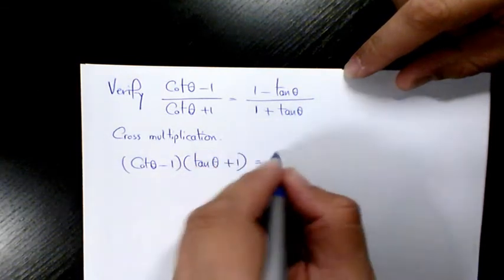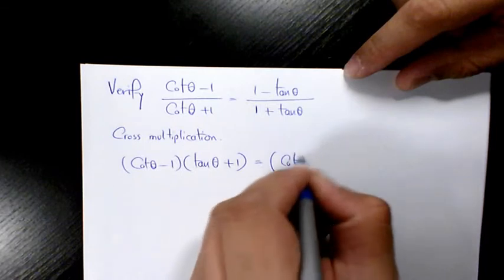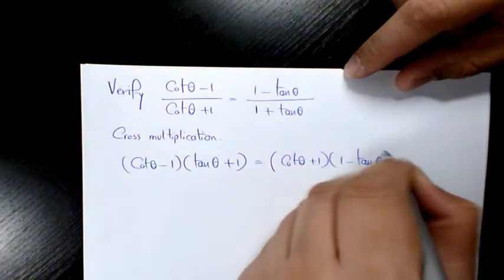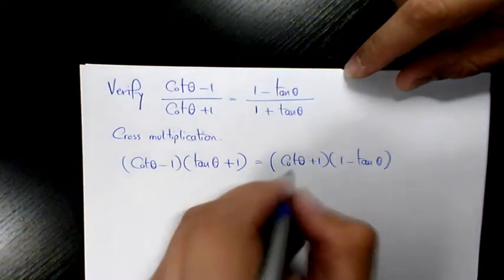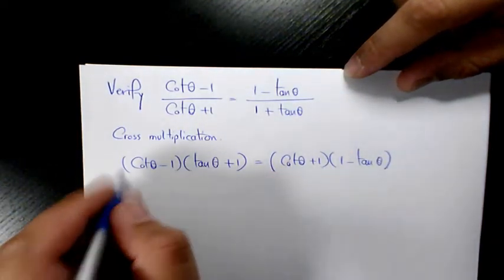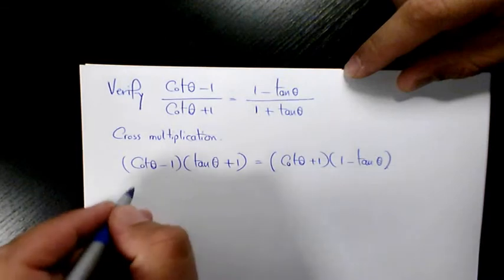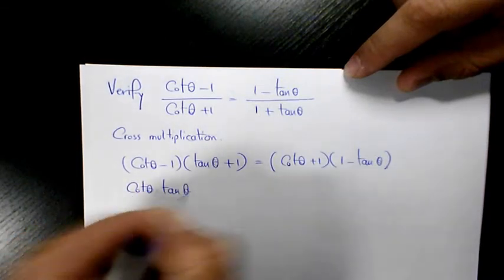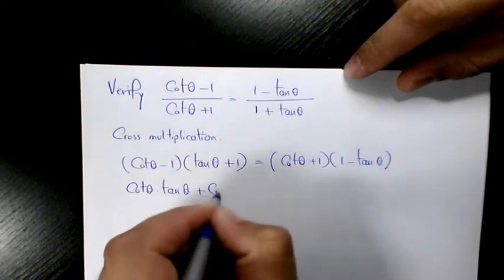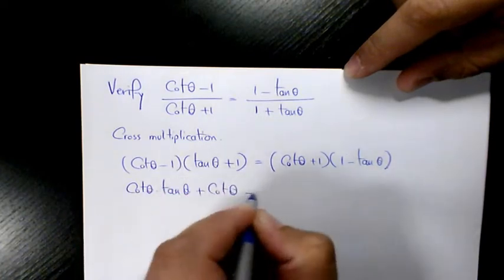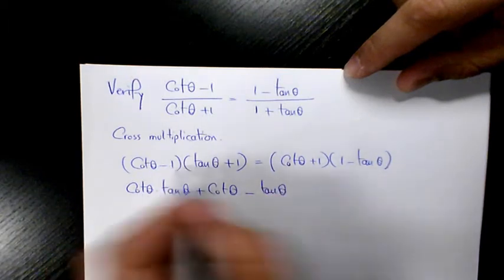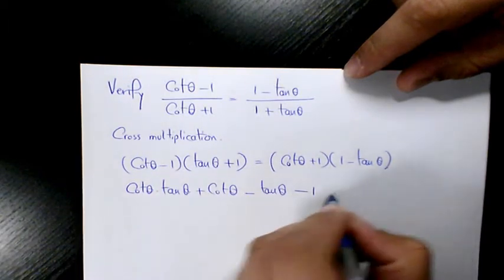Here we have cotan theta plus 1 times 1 minus tan theta. So cotan theta times tan theta plus cotan theta times 1, which is going to be itself, 1 times tan theta, negative 1 times 1, negative 1.